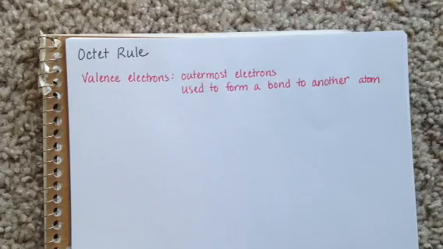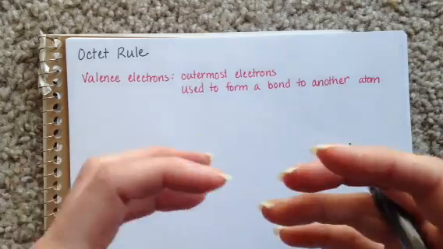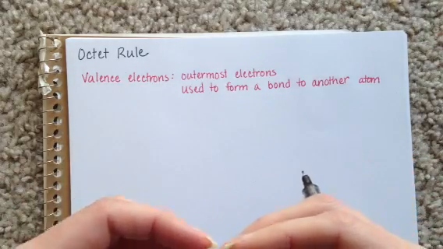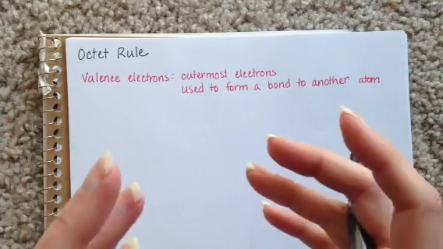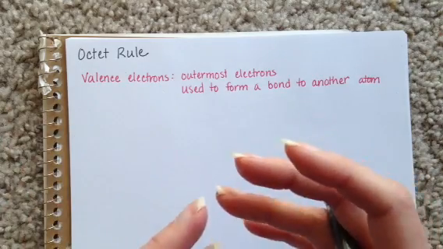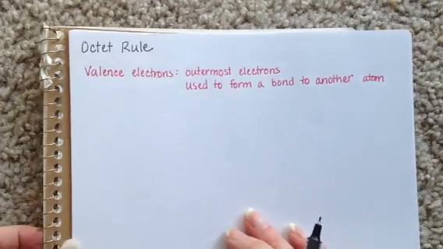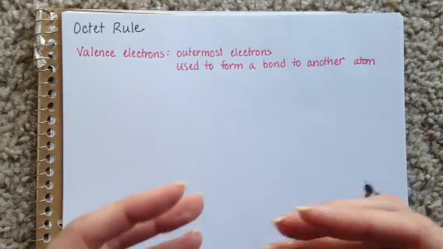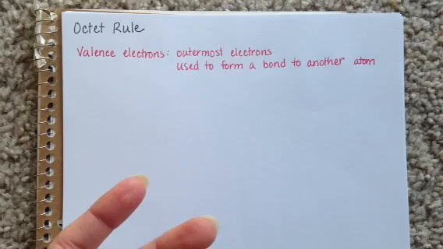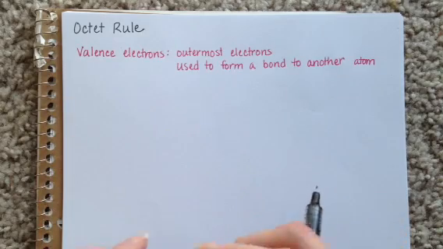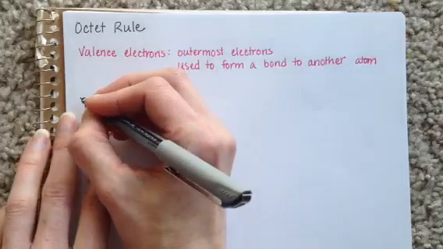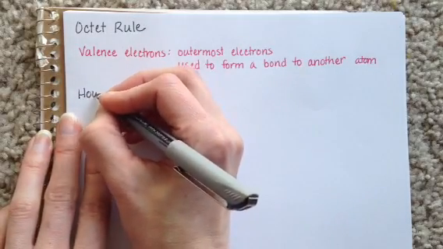So what we need to be able to do is figure out how the valence electrons interact with each other to form bonds, and that will enable us to predict how atoms are going to interact with each other and also how molecules are going to interact with each other. And one of the most important pieces of information that we need to have before we can make any kind of prediction about interaction is the number of valence electrons that an atom has.